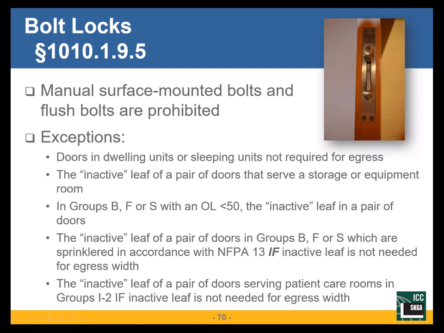Okay, so where does it say here I can do it in my group M? Well, it's group less than 50, no. Sprinkler, no. Basically, it says it's not allowed. How do I solve that? I've got a pair of doors. How do I do that?